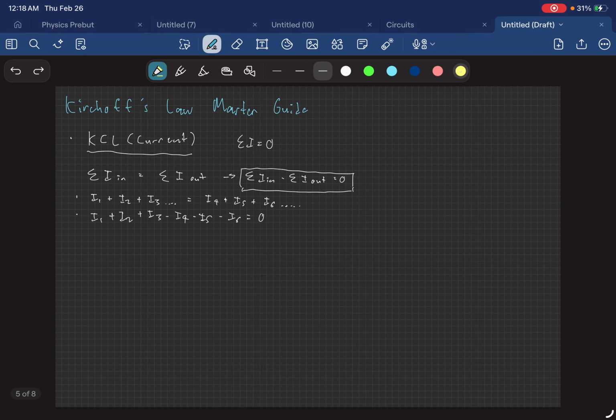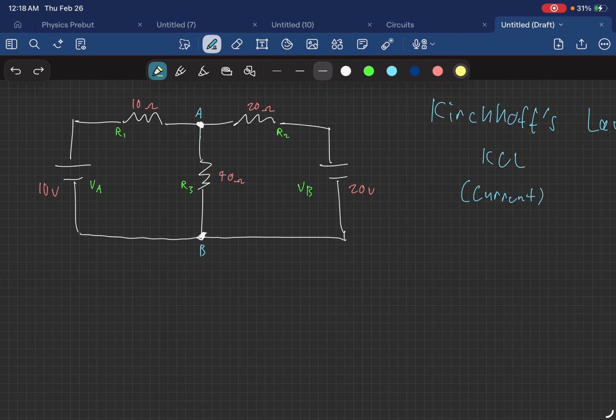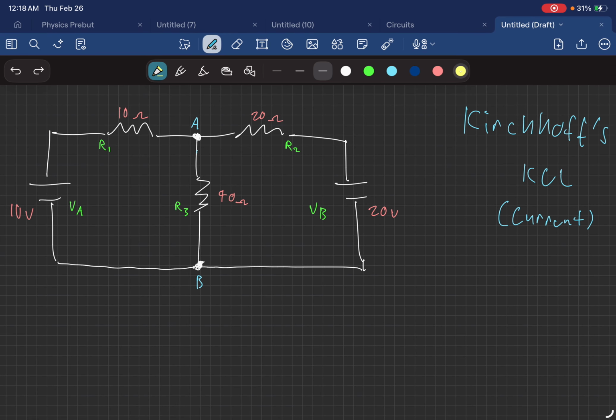Okay, so here let's look at the circuit that I prepared. I'm going to be solving this. Let's assume its directions. We're gonna use some concepts here.